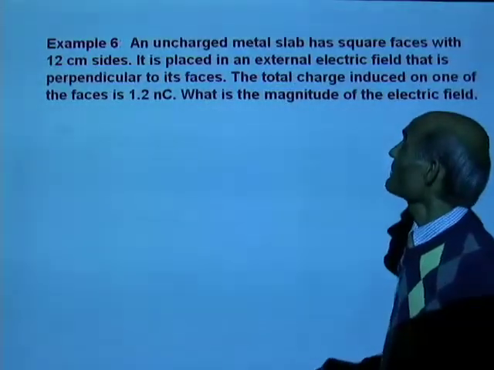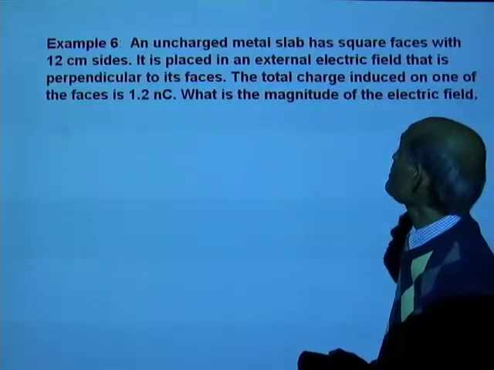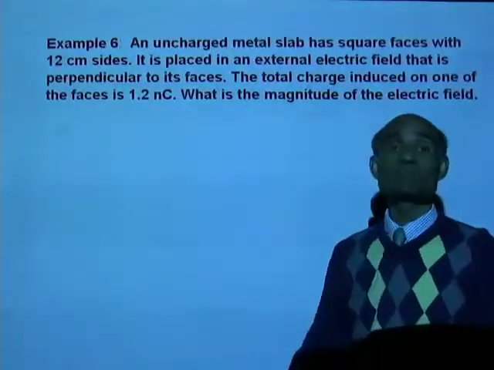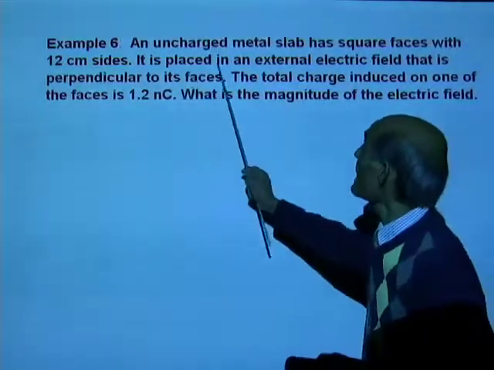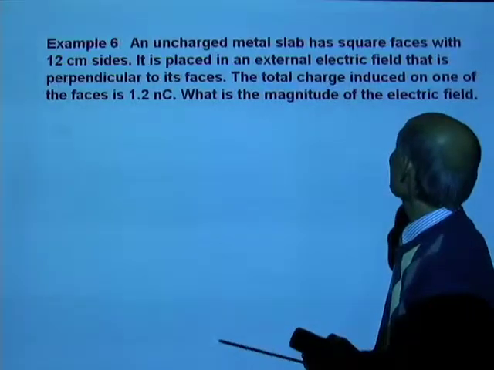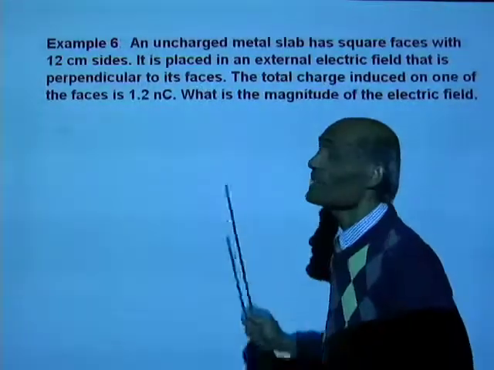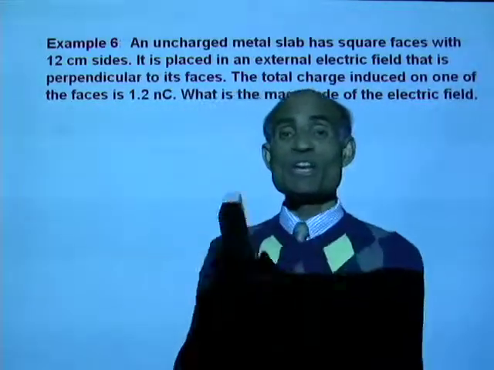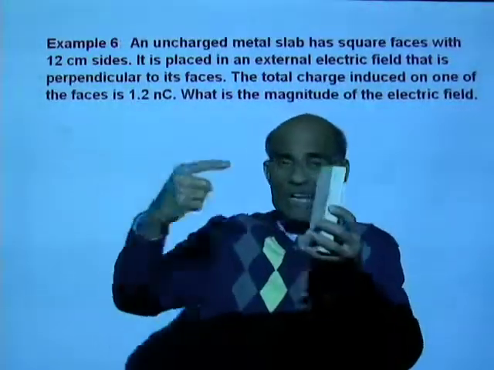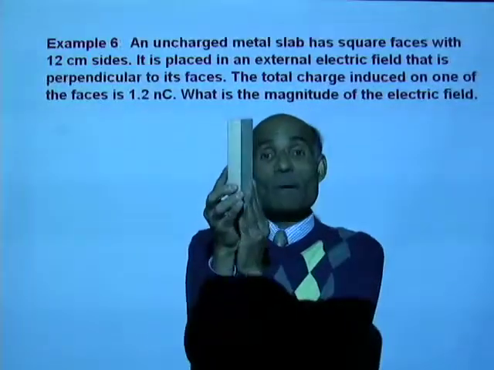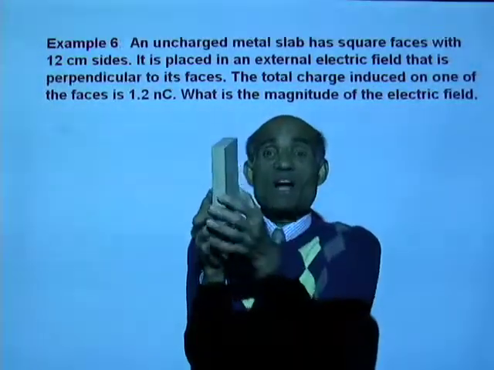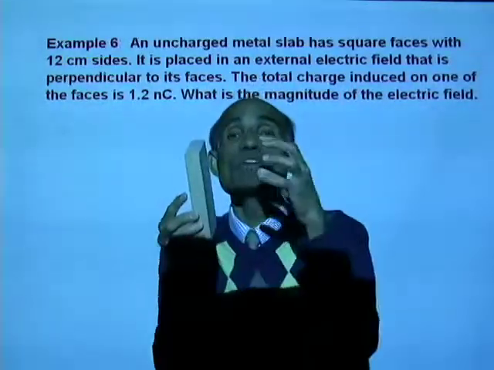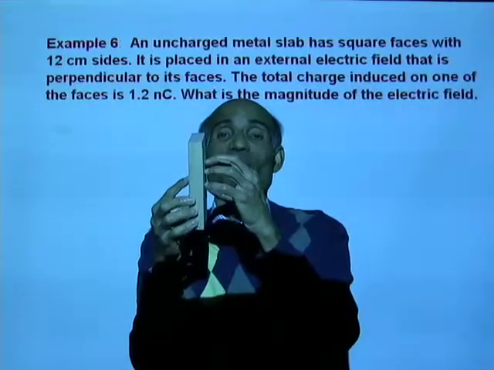Let's do an example. An uncharged metal slab has square faces with 12 centimeter sides. It is placed in an external electric field that is perpendicular to its face. Now, if there is an electric field in this room and I place an uncharged metal slab in the electric field, what will happen inside that metal slab?